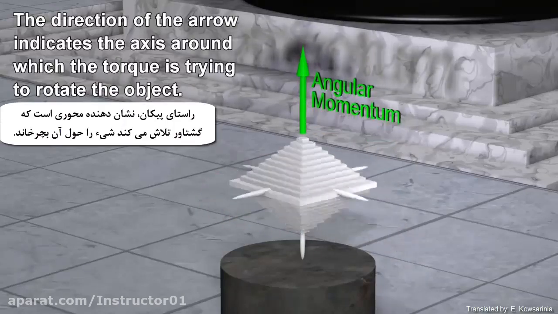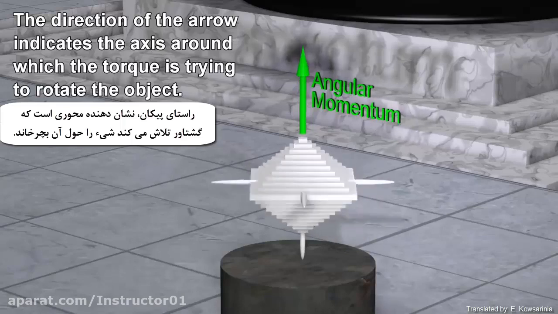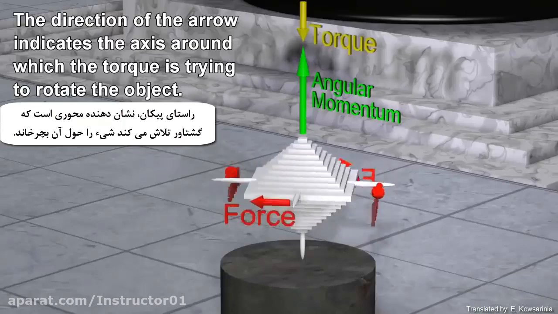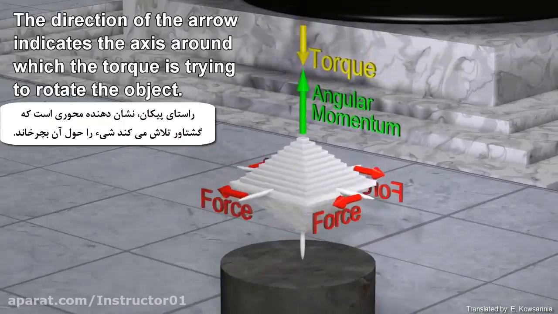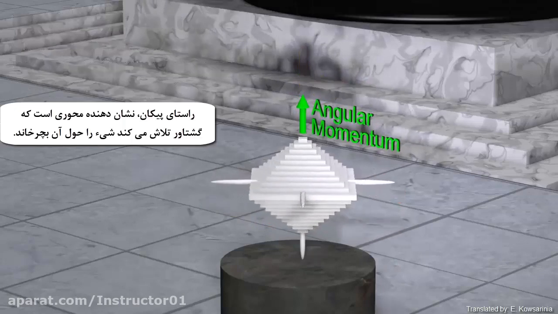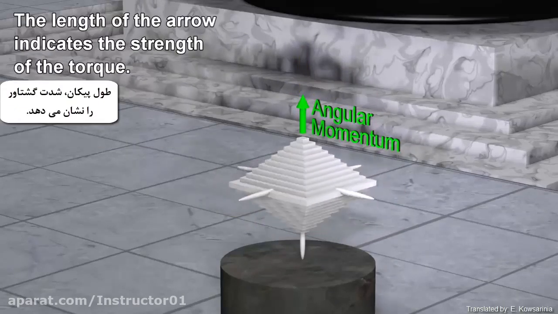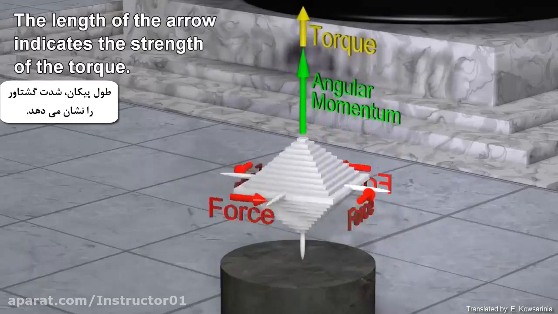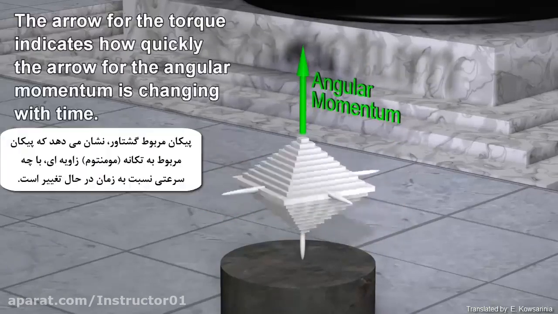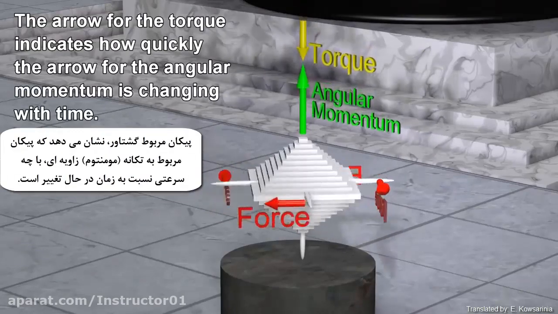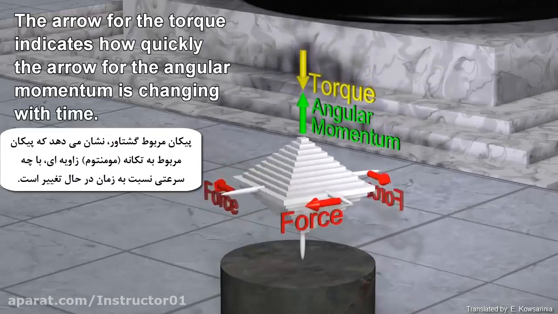The direction of the arrow indicates the axis around which the torque is trying to rotate the object. The length of the arrow indicates the strength of the torque. The arrow for the torque indicates how quickly the arrow for the angular momentum is changing with time.